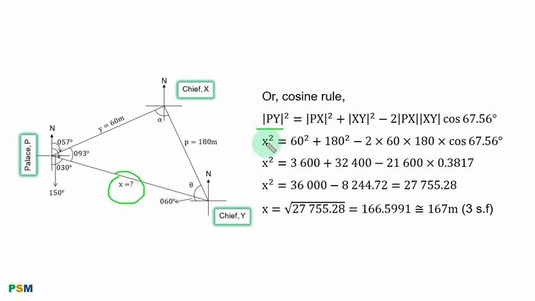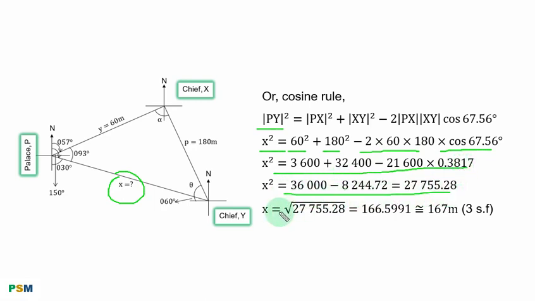Py is equal to S, you square it. Ps is equal to 60, you square it. Sy 180, you square it, minus 2 times 60 times 180 times cos 67.56 degrees. When you simplify, you have these results, followed by this.